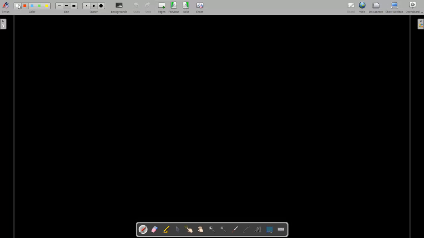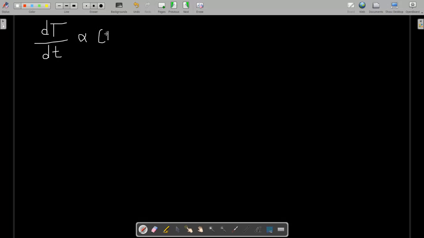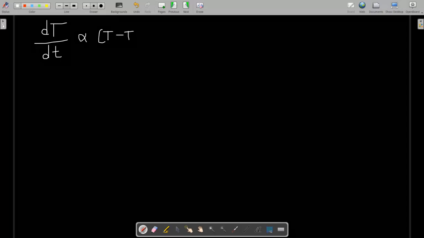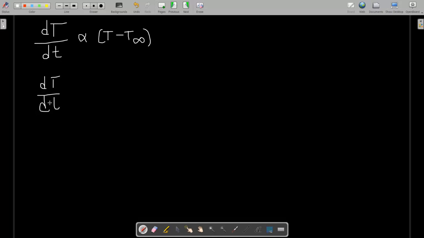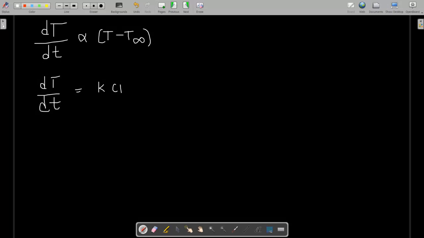Let's start. This is the relation: dT by dt is proportional to T minus T infinity. If we remove the proportionality sign, then there will be some constant, so dT by dt is equal to k times T minus T infinity.